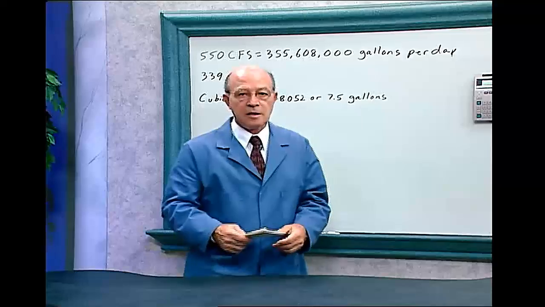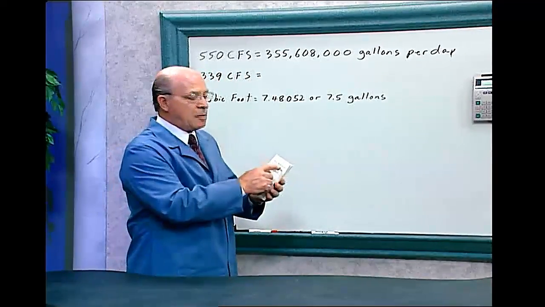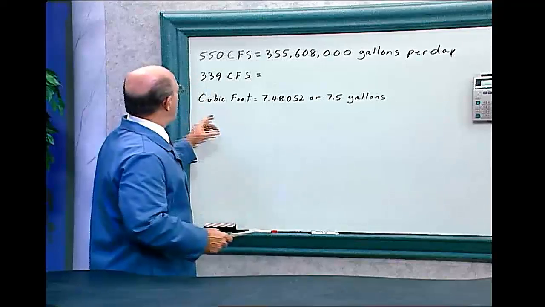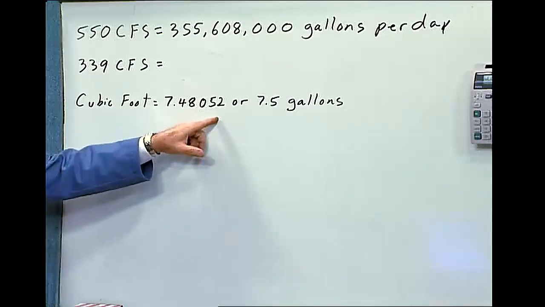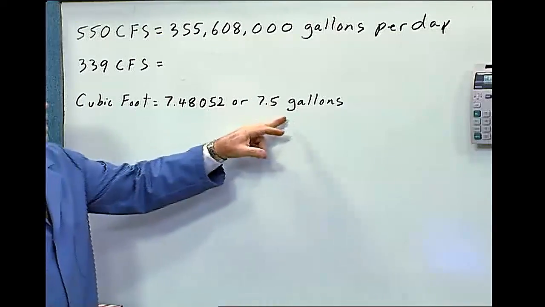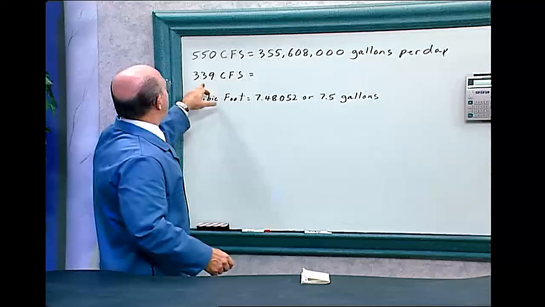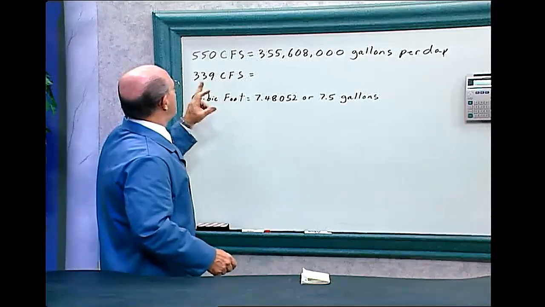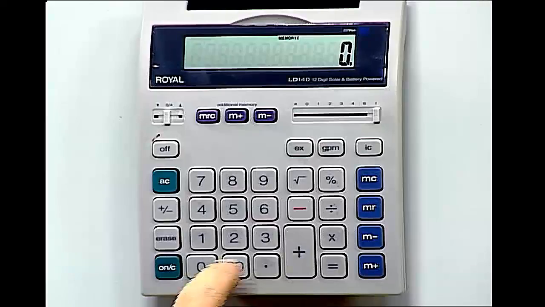Let's do the math. I have in my hand a book that I use. It has handy multipliers. And 1 cubic foot equals 7.48052, or 7.5 gallons. So let's plug in the numbers. It's 339 cubic feet per second.